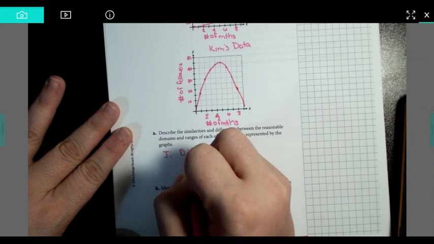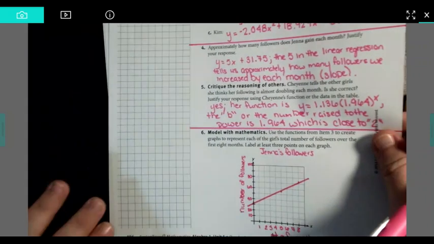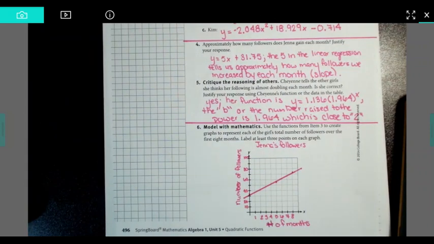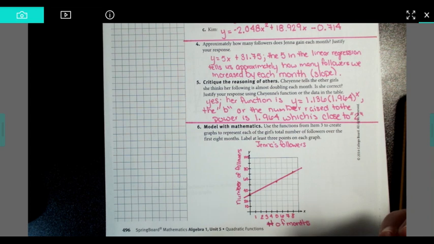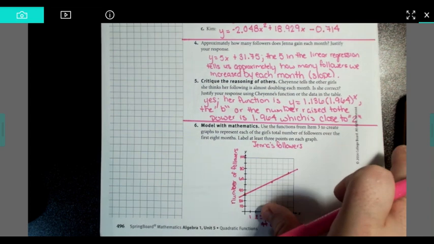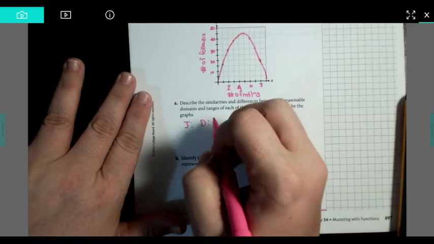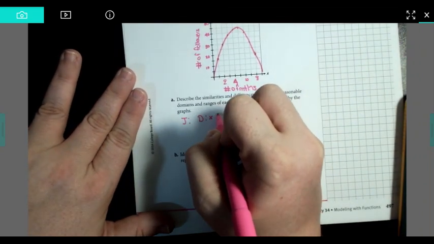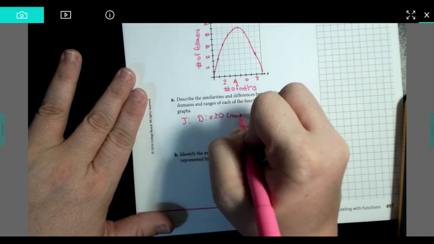Her domain is going to be x greater than or equal to 0 because we're talking about time of months, and we started this at 0 months and moved forward. These are the number of months.